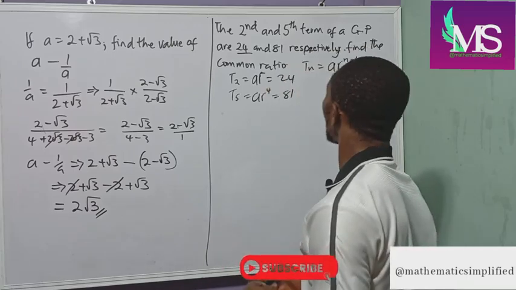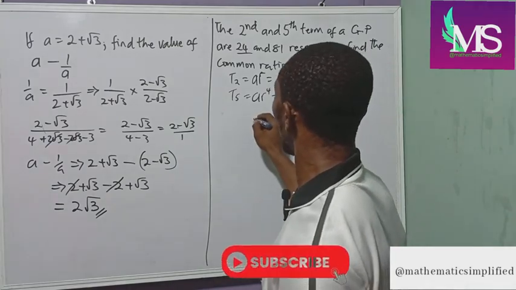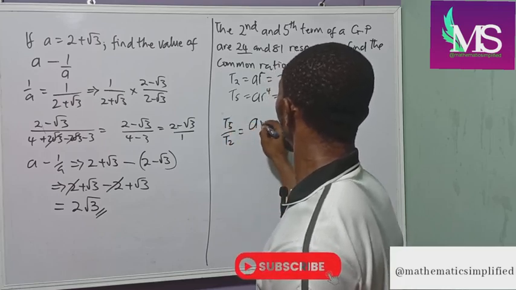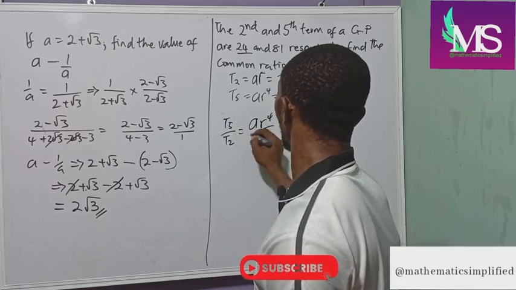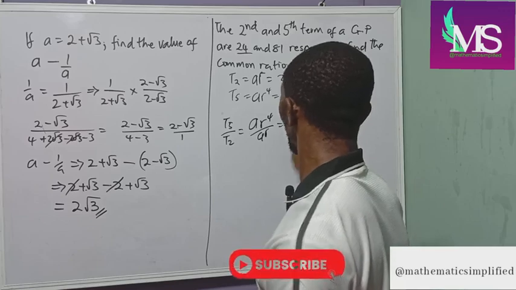Now they say we should find the common ratio. Now in finding our common ratio, we'll be doing T5 over T2, which is ar raised to power 4 over ar equals 81 over 24.